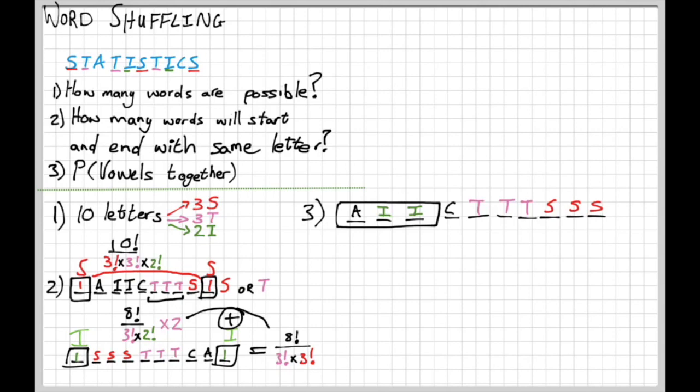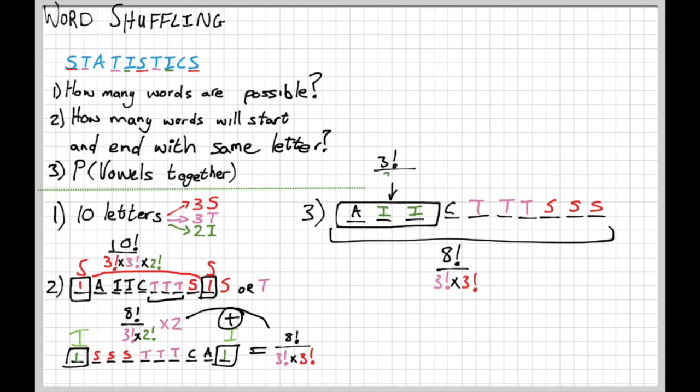So if I look at that 1 unit together with the rest of the letters, there's going to be 8 factorial. So there are 8 objects that can float around. But inside those 8 objects, I also have repetition, so the 3 T's and the 3 S's I've got to remove. Please be careful of the following. I need to look inside the box as well.